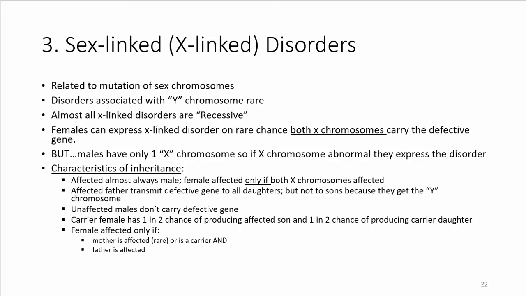The problem is that their sons get a Y chromosome from their father, so the mother is giving one of her X chromosomes to the son. If they are heterozygous, 50% of those X chromosomes will be carrying the recessive disorder. So that disorder will be expressed in the phenotype of half of their sons.